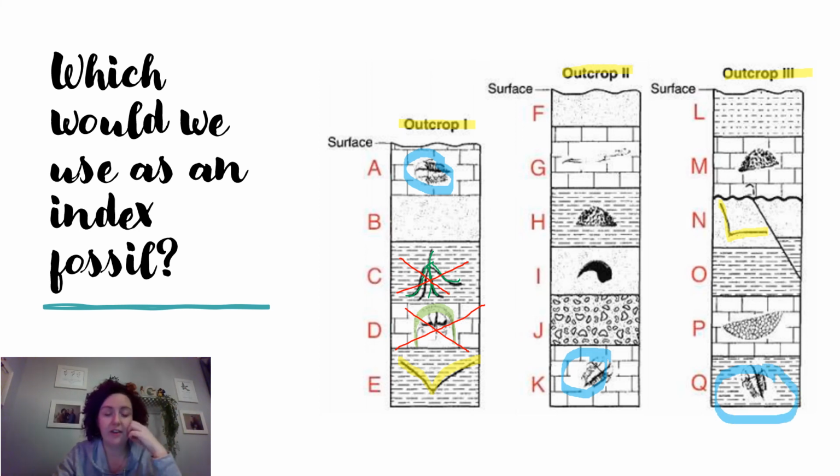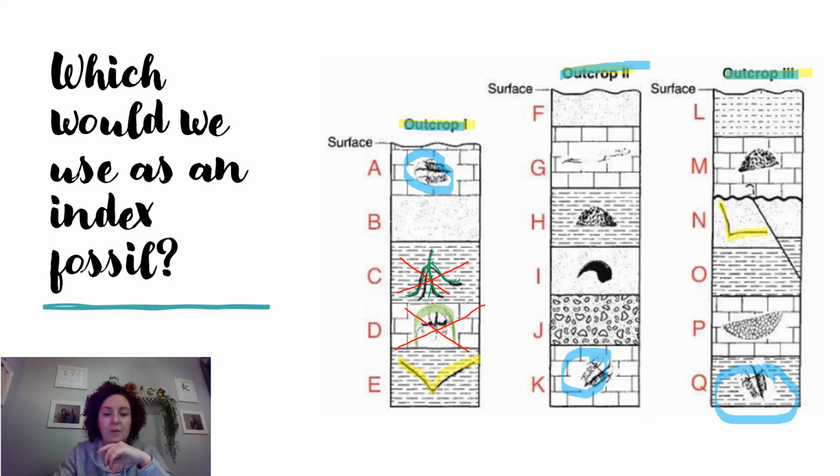Right now it's just going across my face. That is widespread. I found it not just in outcrop 1, but 2 and 3. It doesn't go vertically, meaning that I don't have it here and here, or here and here. It's just in the one layer in each outcrop.